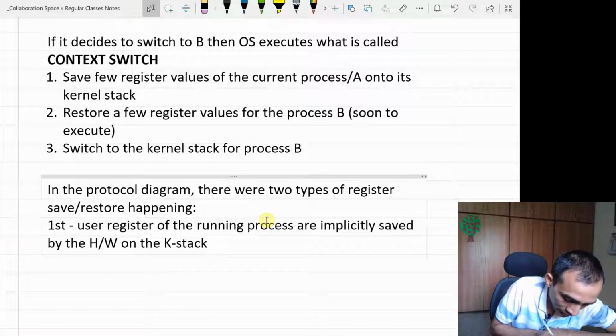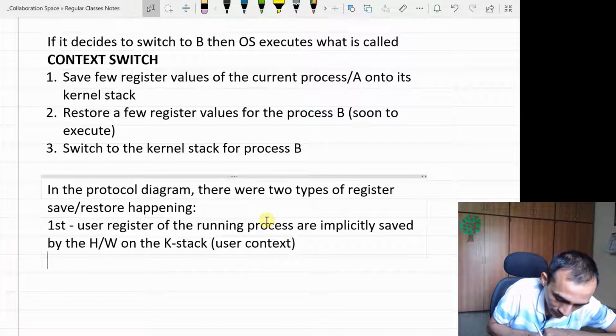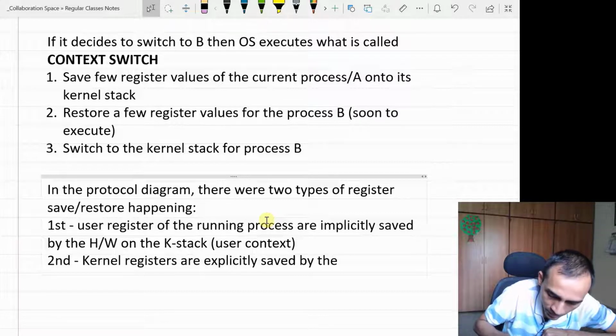But now, during the context switch, we are seeing the second type of save and restore, where the kernel register values are explicitly saved by the software.